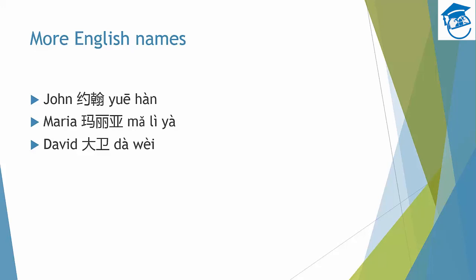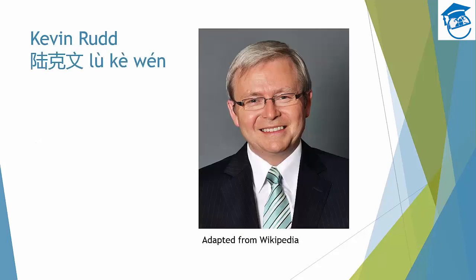Okay, but some people would get a nice Chinese name. For example, Kevin Rudd, the former Australian Prime Minister. His name is Kevin Rudd. His Chinese name is Lu Kewen. Okay, so Kevin is translated as Kewen. If you really want to translate it, it's like conquering the text, or it can also be interpreted as overcoming the text.